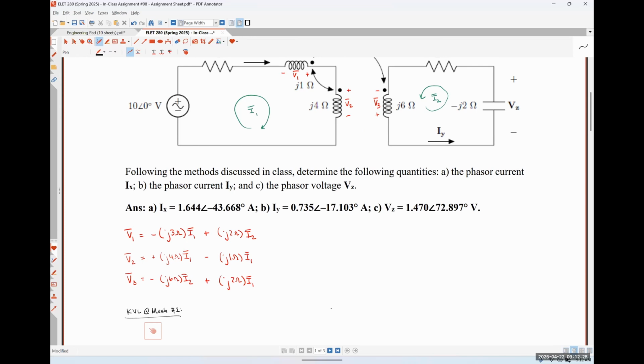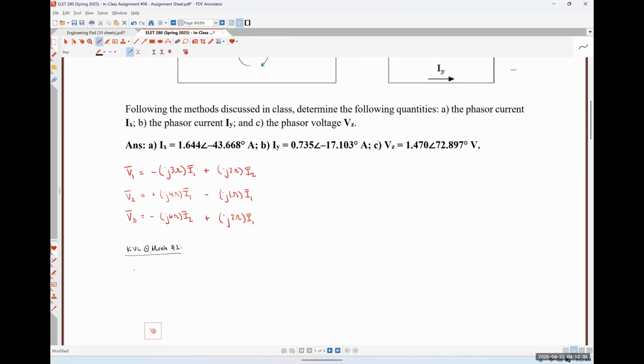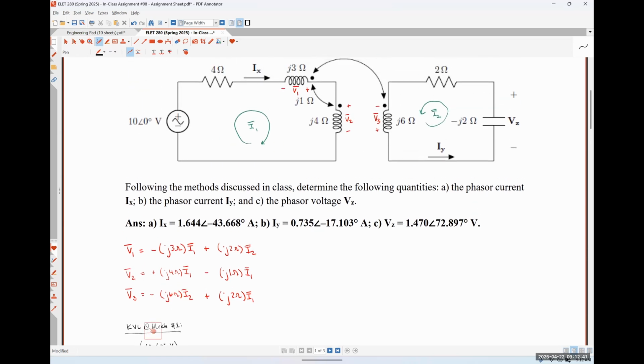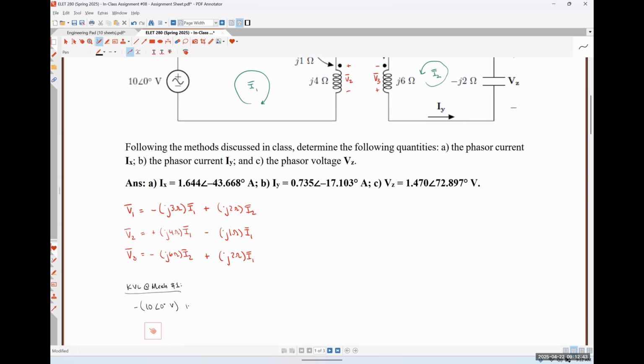The first thing that I see is the negative polarity terminal of my 10-volt source, so I'm going to have negative 10 angle 0 degrees volts. Then I see a 4 ohm resistor, so I'm going to have 4 ohms times I1.